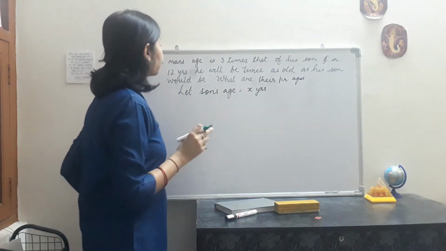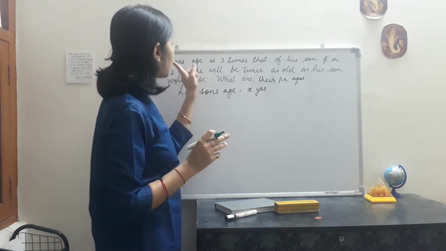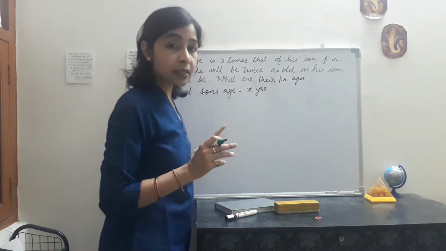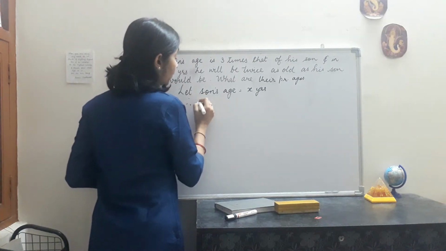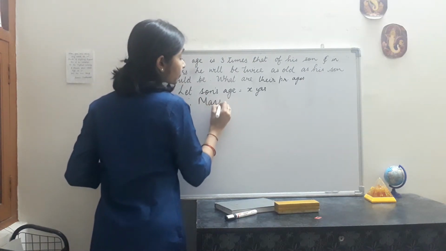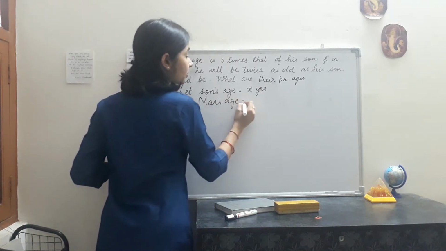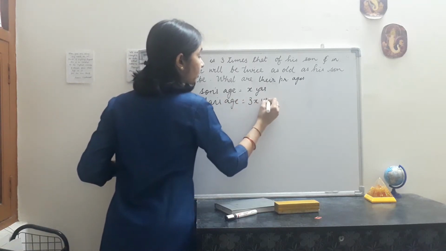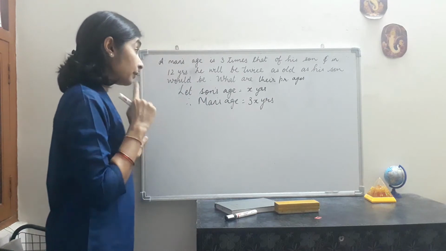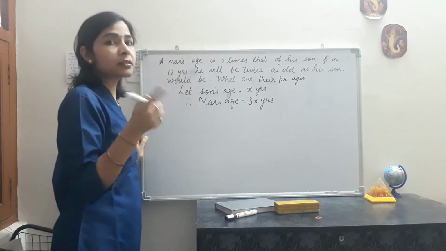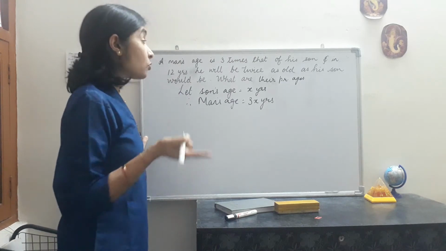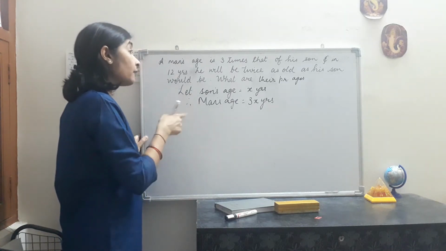Okay. Now it is given the man's age is 3 times that of his son. So what will be the man's age? Man's age is equal to 3x years. Okay. Now as per the question, after 12 years their ages are compared. So let us calculate what their ages will be after 12 years.